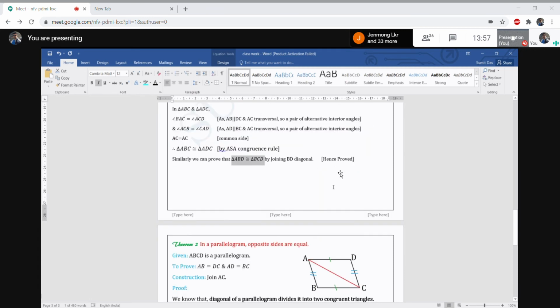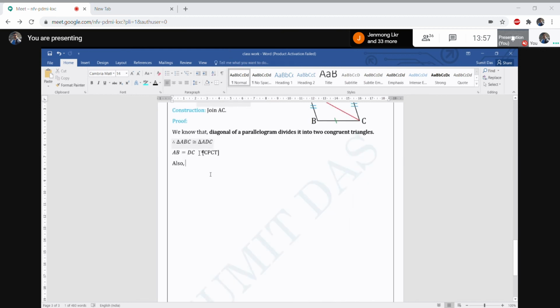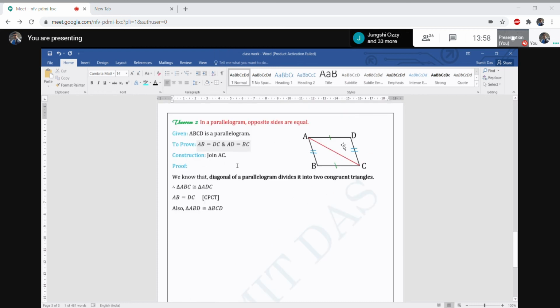By joining the BD diagonal, we can see ABD and BCD will be congruent triangles.